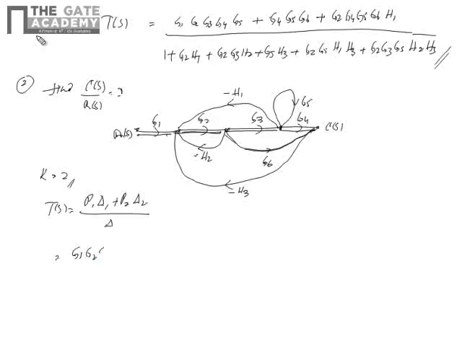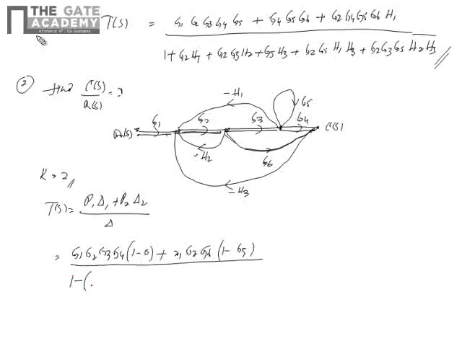G1, G2, G3, G4 into delta 1. Any loop which is not touching this forward path, 1 minus 0. Next P2, G1, G2, G6 into 1 minus any loop which is not touching this forward path, yes, 1 minus G5.